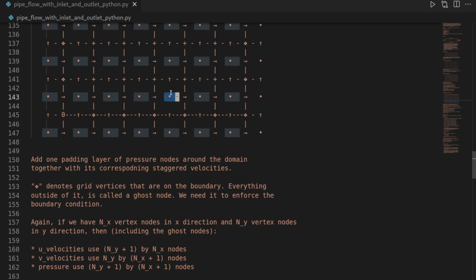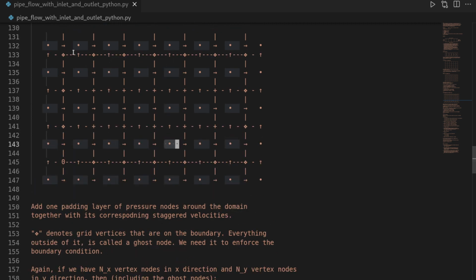And we still have a second order approximation to the pressure derivative, and we don't have the checkerboarding. That's the big advantage here. And we will see in the implementation that some of the derivatives might be a little bit complicated in the indexing, but I will try to go back to this particular plot as often as possible in order to remind you what we are doing for the implementation.